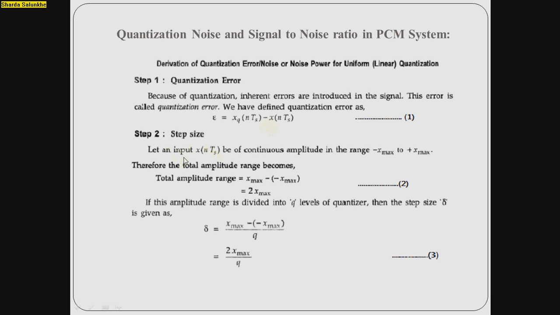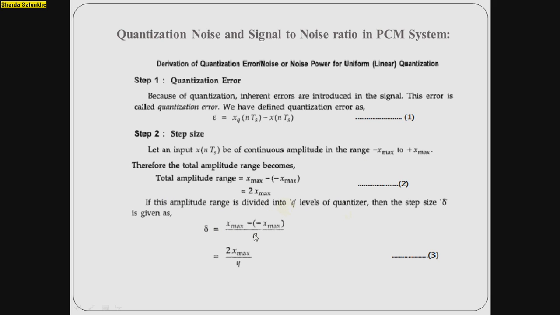Next is the step size. If the input signal or sampled signal is x of nTs, continuous in amplitude, having the range minus x max to plus x max, then the total amplitude range is x max minus of minus x max, so it becomes 2x max. This total amplitude range is divided into q levels of the quantizer.